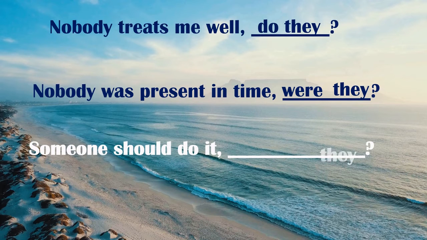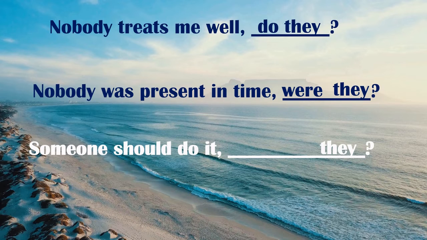Next, someone should do it. They again comes as our pronoun. The sentence starts with someone. Now we'll look for the auxiliaries. We have two auxiliaries here, should and do. Do here does the function of the main verb. Do is a verb that can function both as an auxiliary and as a main verb. We have to take the first auxiliary, right?